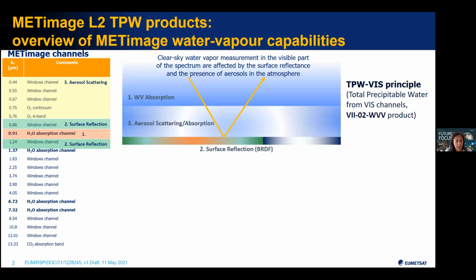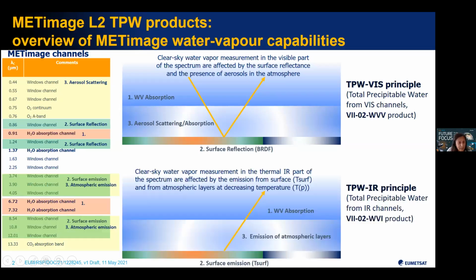This means that measurements in this channel are also affected by surface reflection and scattering due to other components in the atmosphere, for example, aerosol. So using this channel and nearby channels in the visible part of the spectrum, we retrieve the first water vapor product, which is called water vapor visible. The name of the algorithm retrieving it is TPWVis, which stands for total precipitable water from visible observation.